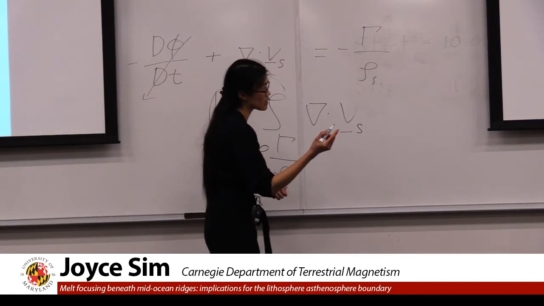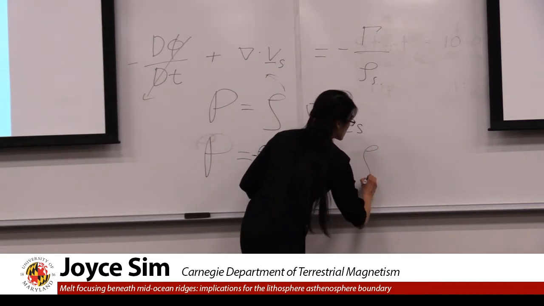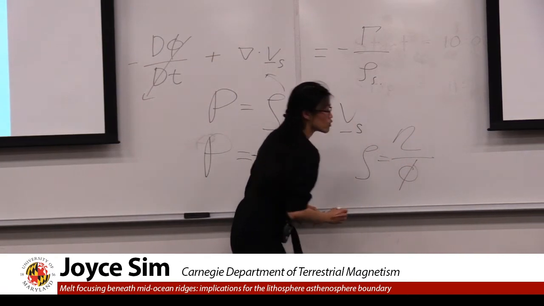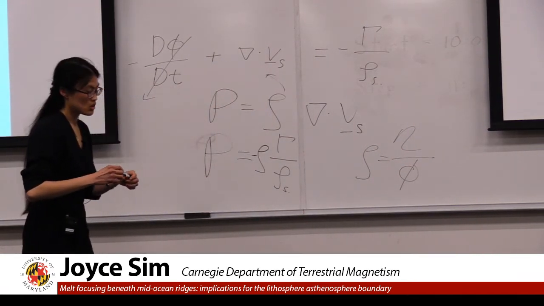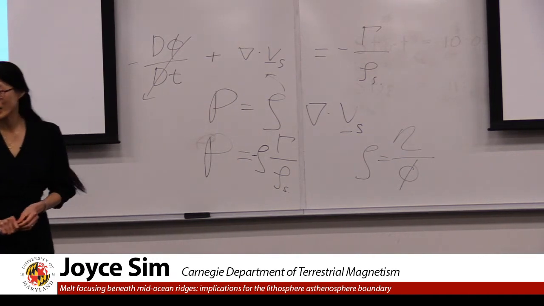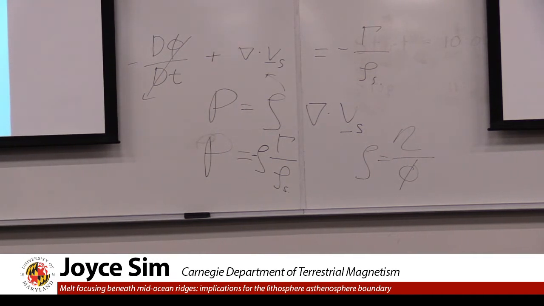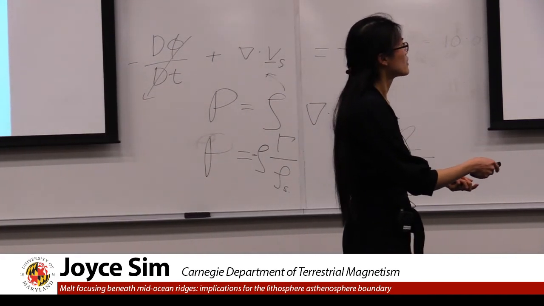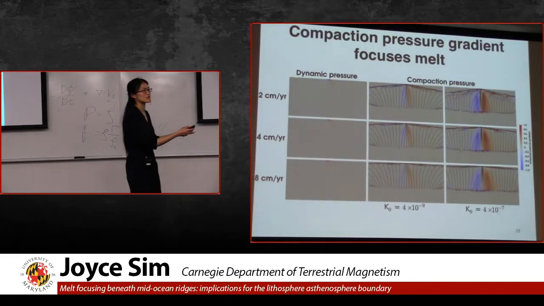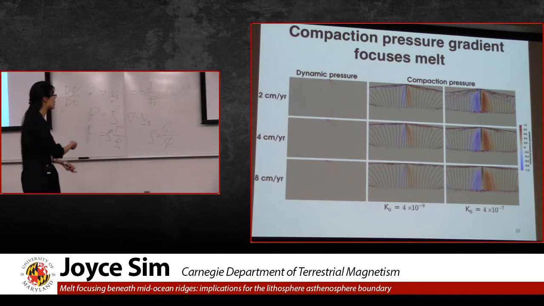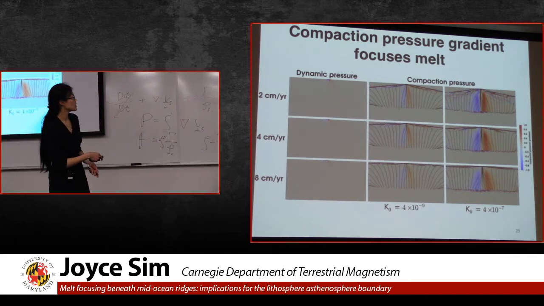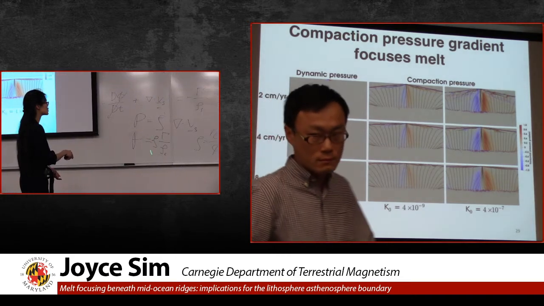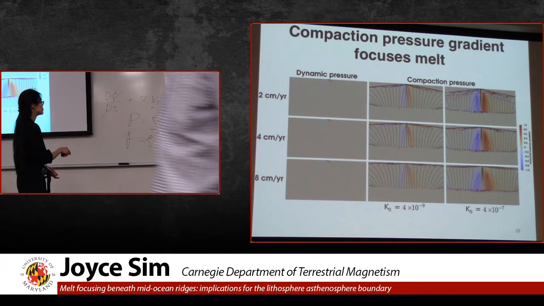And in the case of what we are doing, your bulk viscosity is your shear viscosity over porosity. So what you're seeing here is a very straightforward mechanism that comes out of the equations. The compaction pressure is due to this melting region.